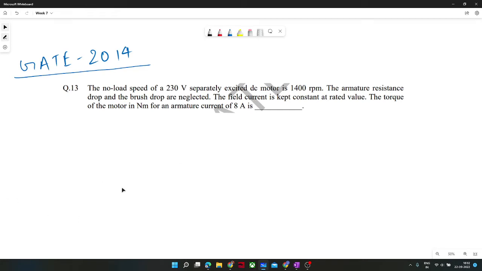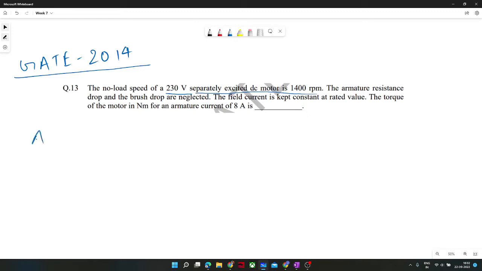One condition was given: at no load, a 230 volt separately excited DC motor is running at 1400 RPM, the armature resistance drop and brush drops are neglected, and field current is kept constant at rated value. It means the field current will be constant up to the rated value, so it will operate in the constant flux zone, or constant torque zone, we can say.